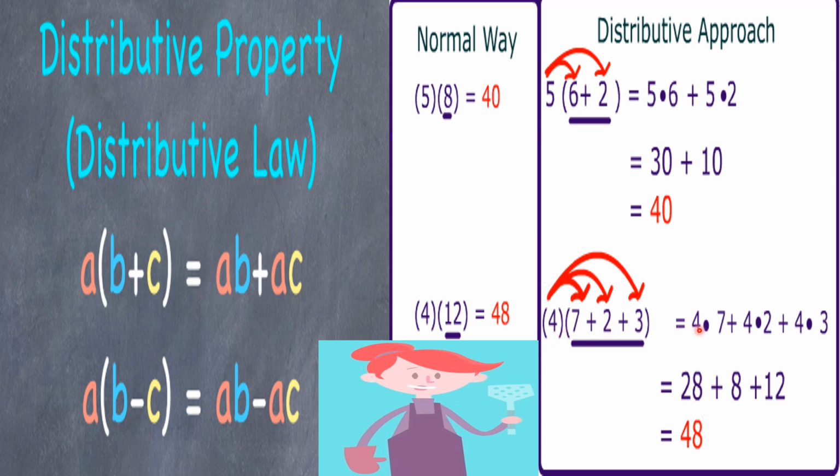So it is written as 4 into 7 plus 4 into 2 plus 4 into 3. This is equal to 28 plus 8 plus 12, which is also equal to 48. In general, I can say when we use the distributive method, our calculation becomes very simple.